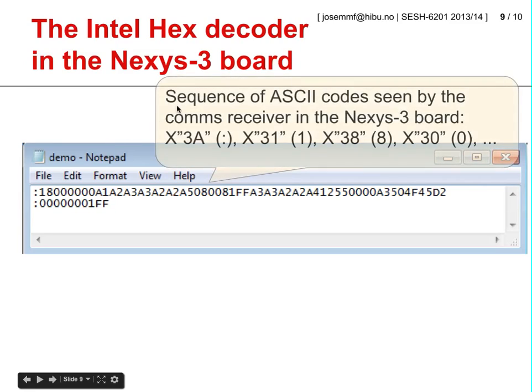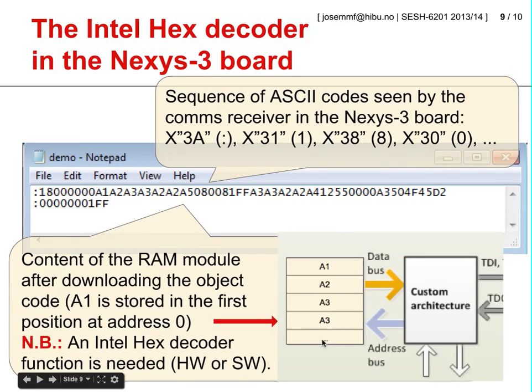We will get a sequence of ASCII codes that starts with hexadecimal 3A for the colon sign, then hexadecimal 31 for digit 1, 38 for digit 8, and so on and so forth. But all of these initial characters are to be discarded because what we want to store in the test program memory is simply the object code in hexadecimal format.